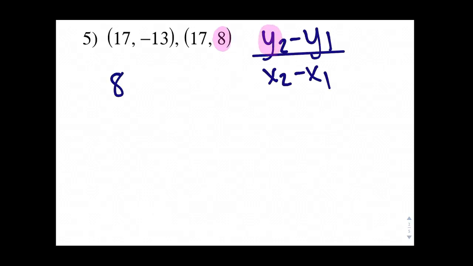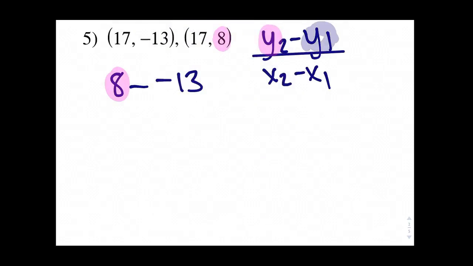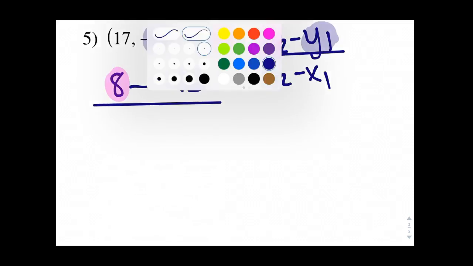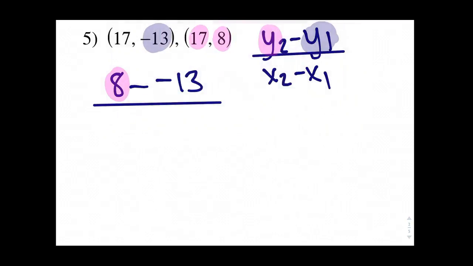So I have 8 minus negative 13. So I took my pink one first, my blue one second, which means that I have to do the same thing with my x's. I'm going to take my pink x first. Minus my blue x.